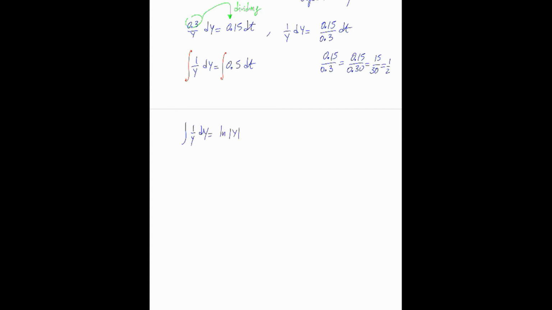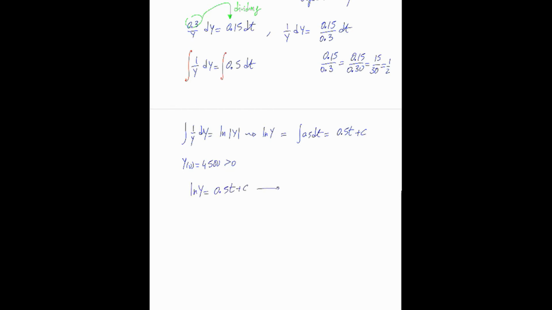But we're assuming that y of 0 is 4,500, which is positive, so we can simply write the log of y. And that should be the integral of 0.5 dt, which is 0.5t plus c. Thus, we have reached that the log of y is 0.5t plus c.